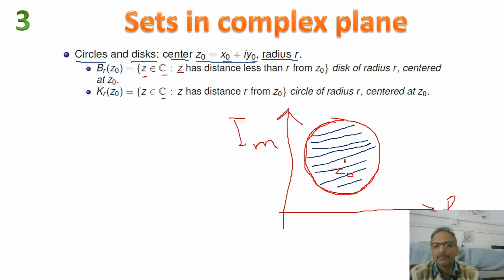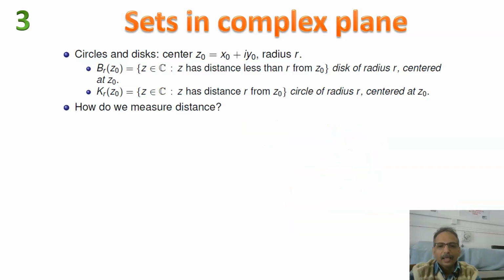So here we are talking about the circle of radius r centered at z0. Now there is a small question: how do we measure the distance, and what is the methodology that we follow?